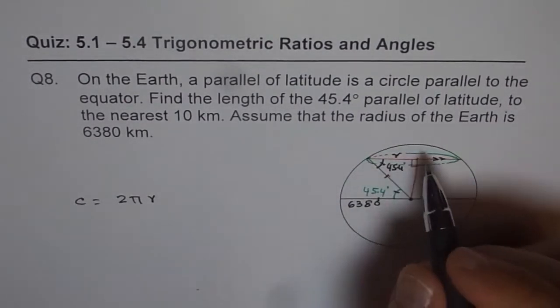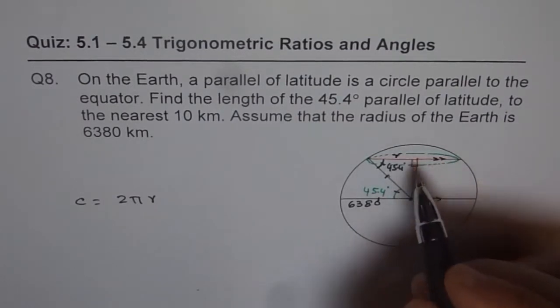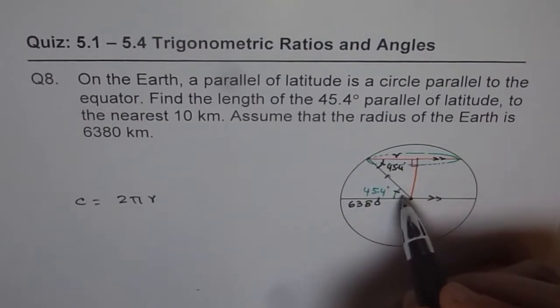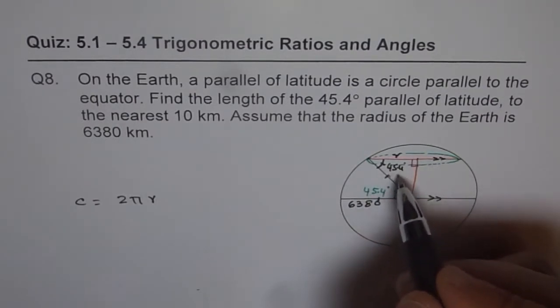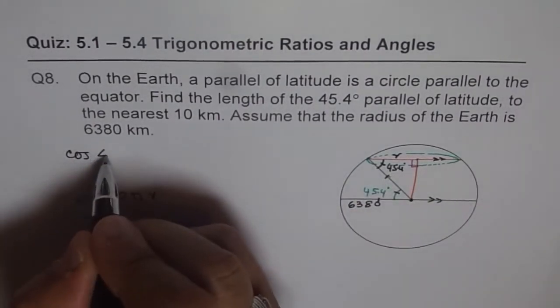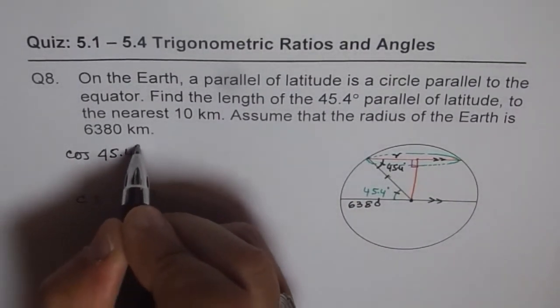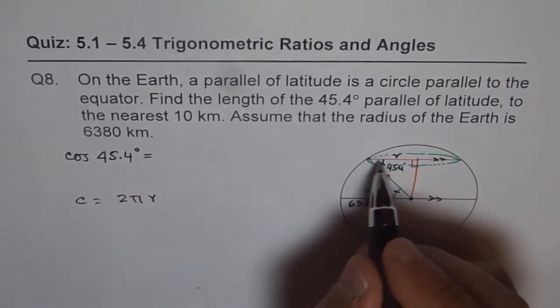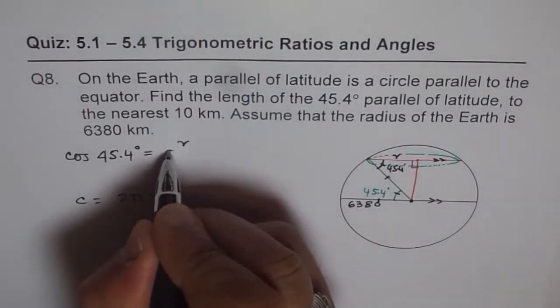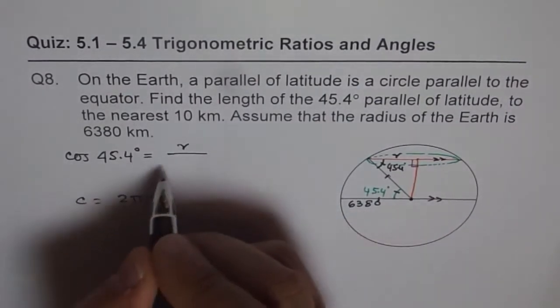We need to find r. Now, as you can see, r is the adjacent side, and that is the hypotenuse. So cosine theta relates it. We can write cos of 45.4 degrees is equal to r over the radius of earth, which is 6380.